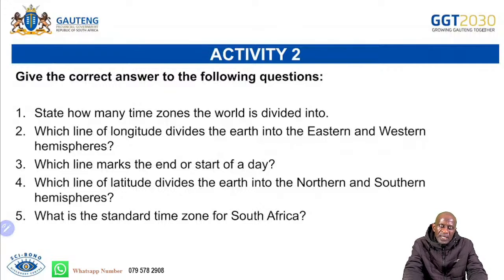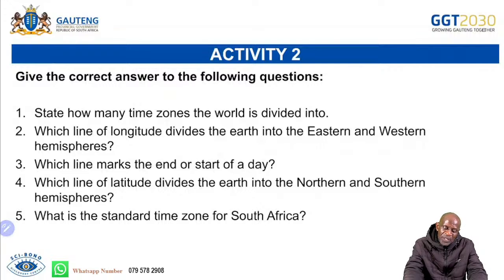Now, let's look at the activity. It says give the correct answer for the following questions. Number 1, state how many time zones the world is divided into. Number 2, which line of longitude divides the Earth into the eastern and western hemisphere? Number 3, which line marks the end or start of a day? Number 4, which line of longitude divides the Earth into northern and southern hemisphere?